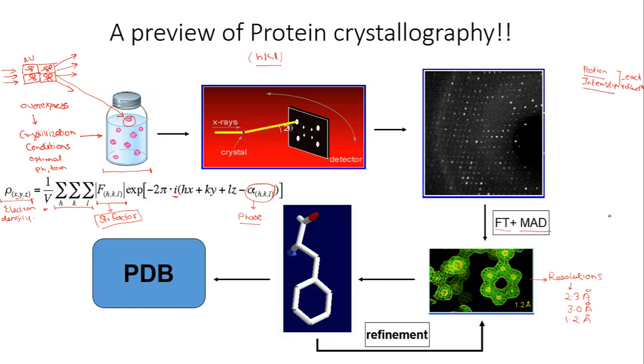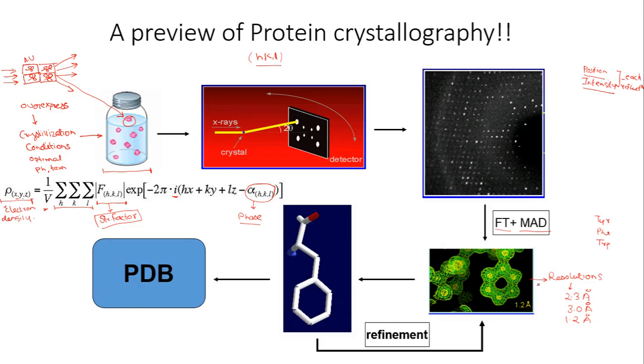It can be tyrosine, phenylalanine, or tryptophan. So you can guess based on these electron densities what amino acid residue might be fitting over here. If you have such a fine resolution electron density map, you can clearly say that over here you can fit your phenylalanine.